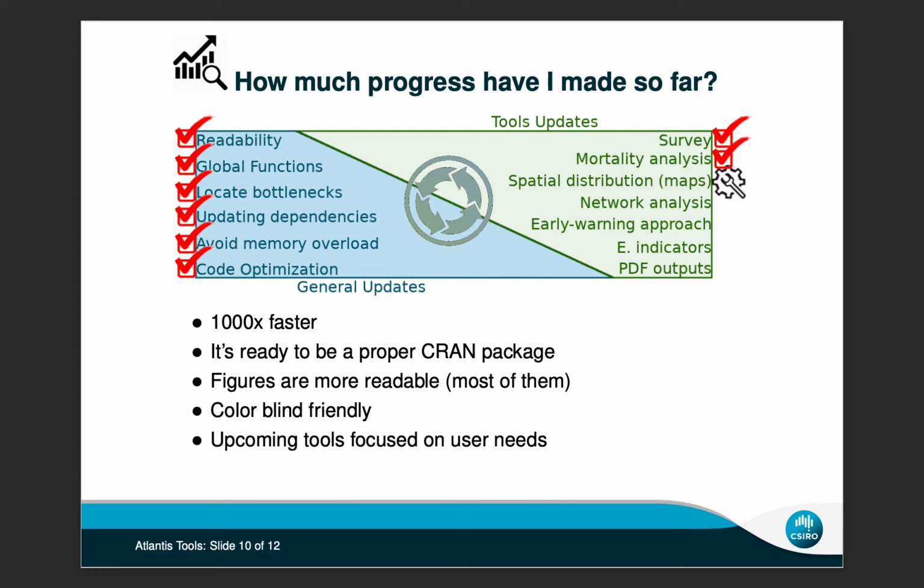Now I want to create a visualization tool for the spatial distribution of a species. Still in the kitchen are the network analysis, the early warning approach, the ecosystem indicators, and the PDF output. But so far, compared with the previous version, it is 1,000 times faster just by modifying the code a little bit.